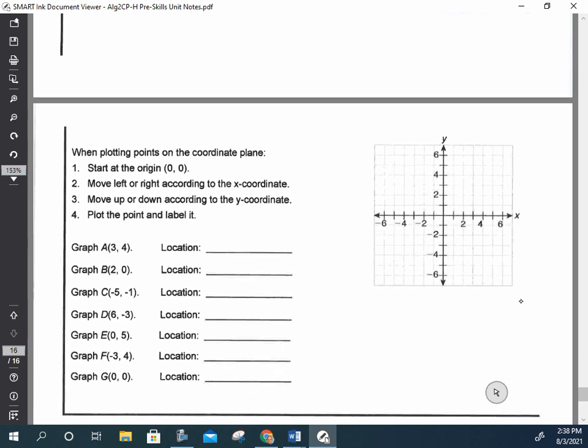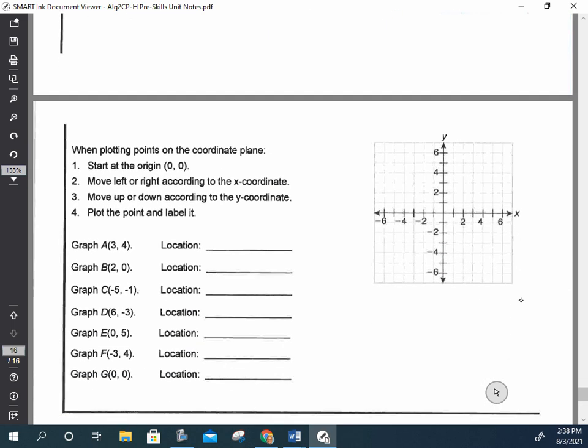So let's move towards that. When you're plotting the points on the coordinate plane, again, start at 0, 0, move left or right according to the x coordinate, move up or down according to the y coordinate, plot the point, label it, tell its location.